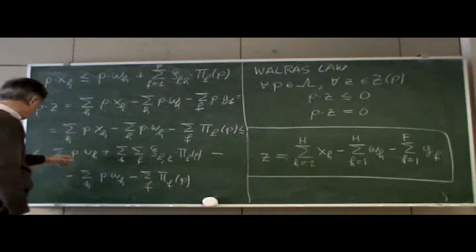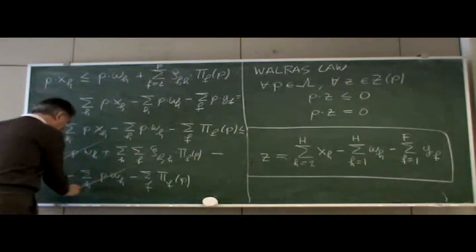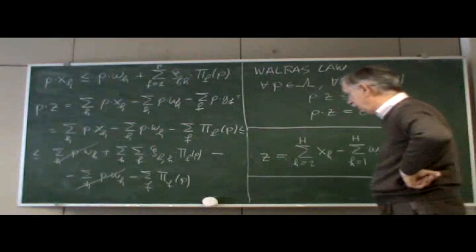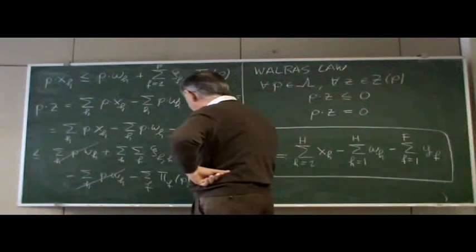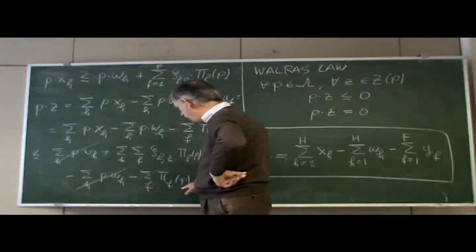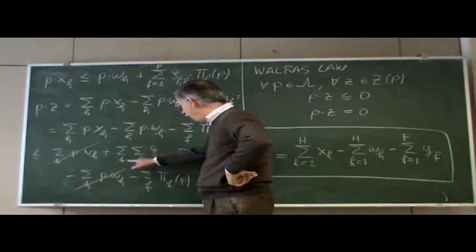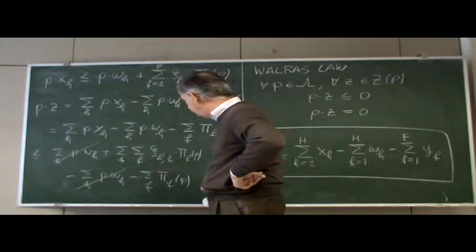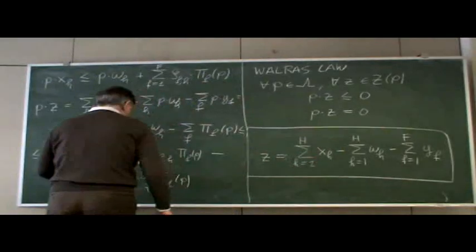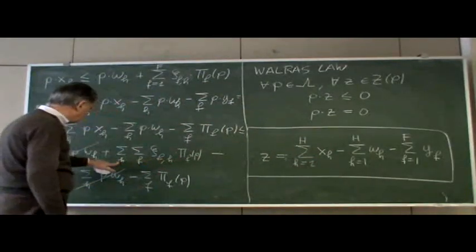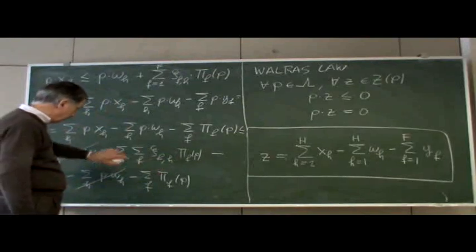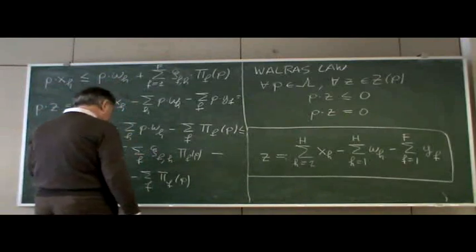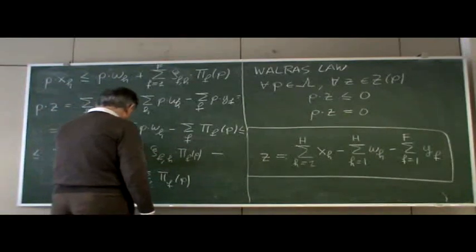Now, pay attention. This sum and this sum can be simplified. What remains? This is the total sum of profits of the F firms. But here, there is the same magnitude. Why? Because note that pi f does not depend on h. So you can invert the summation index in order to write in this way.